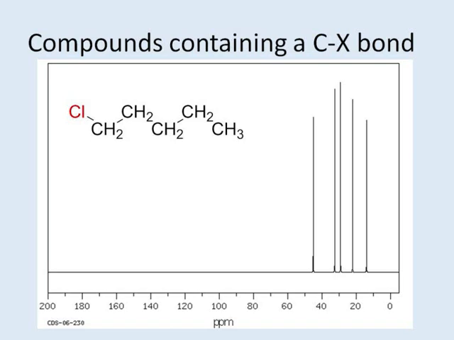If we now look at the carbon-13 NMR spectrum of 1-chloropentane, we can see the effect that the chlorine substituent has on the chemical shift. The carbon atom closest to the chlorine atom is shifted the furthest downfield, and as we move along the carbon chain away from the chlorine atom, the chemical shift moves upfield, with the CH3 furthest to the right-hand side of the spectrum, i.e. the furthest upfield.